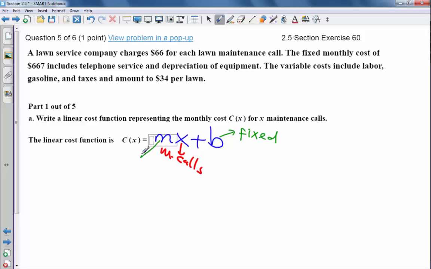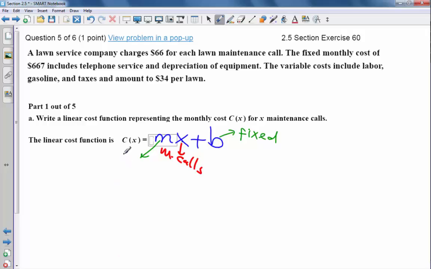Now what is M? It's how much servicing each loan cost you: hiring people, gasoline, and taxes.